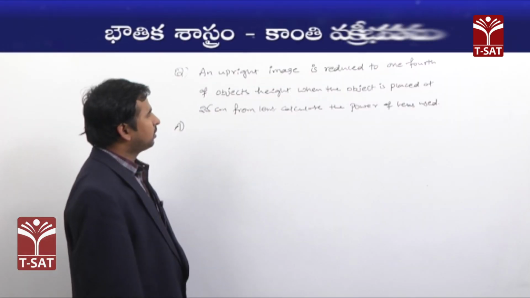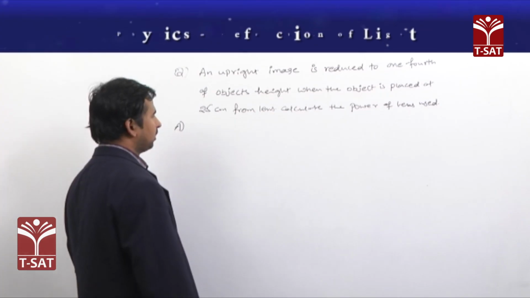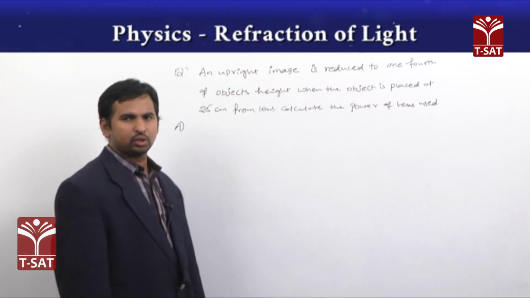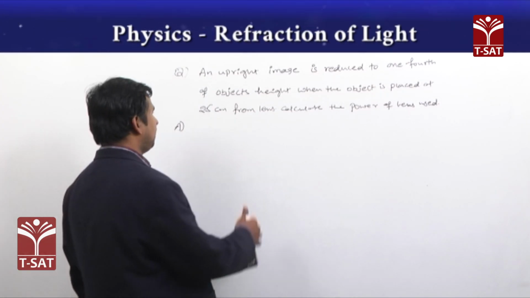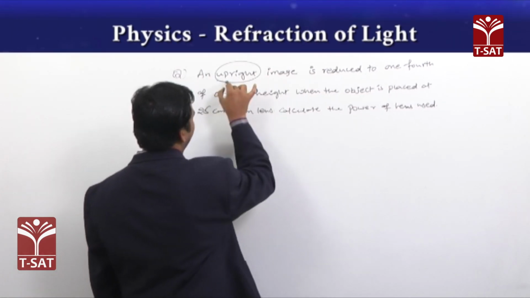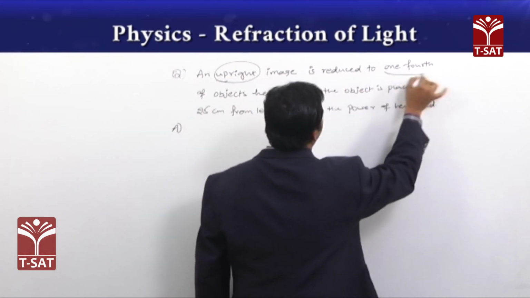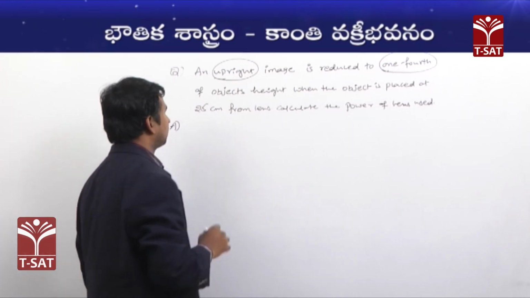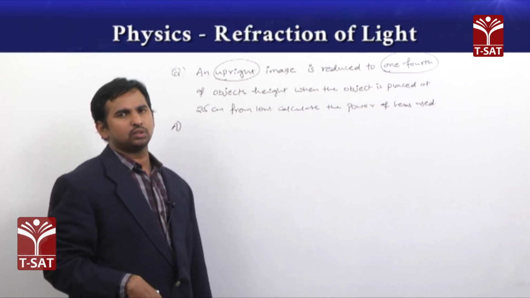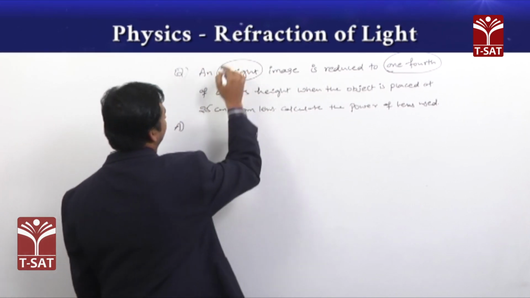Actually in the given question we noticed mainly two important things. They didn't give any particular lens here, and another important thing is it is forming an upright image and the size is, if you see, 1/4 of the object. Upright image means the erect image, which is virtual.